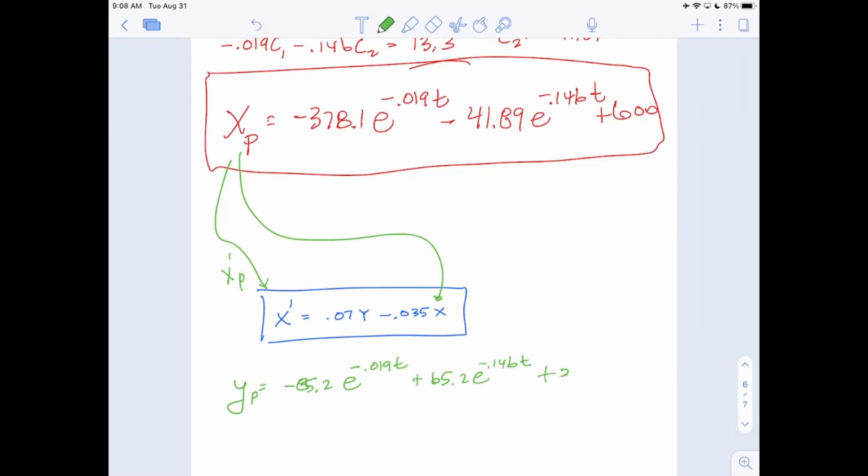And then particularly of importance, bam, there's the other equilibrium number. So that's exactly why that was a critical point, because look, it's on its way to an X of 600 and a Y of 300. So that's kind of cool that the critical point found that fact.